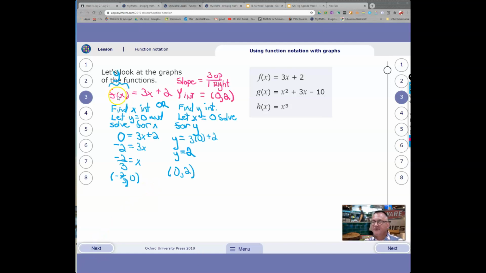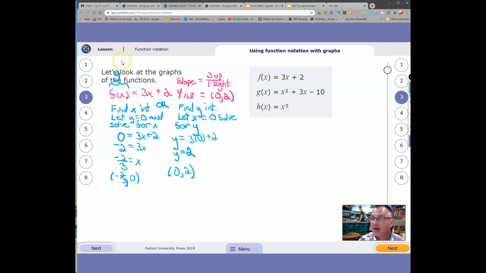Okay, so like I said, we can graph it using slope-intercept. So the slope is 3 up, 1 right, and our y-intercept is 0, 2. Or another way you can graph a line, or graph any function, is get where it crosses the y and the x-axis. So to get the x-intercept, you let y equal 0, and then you solve the equation for x.